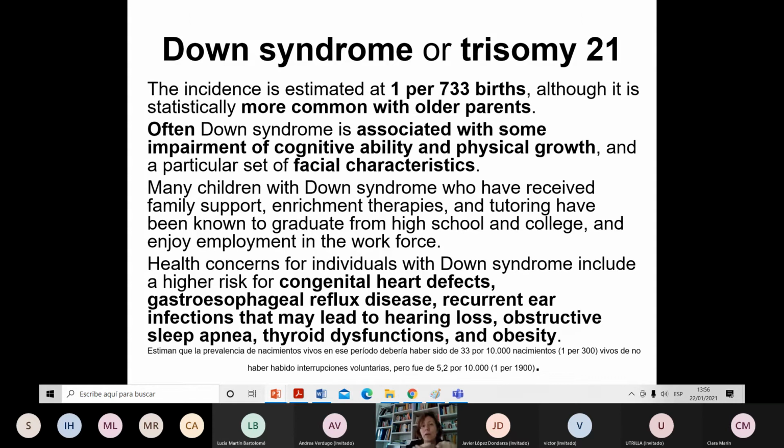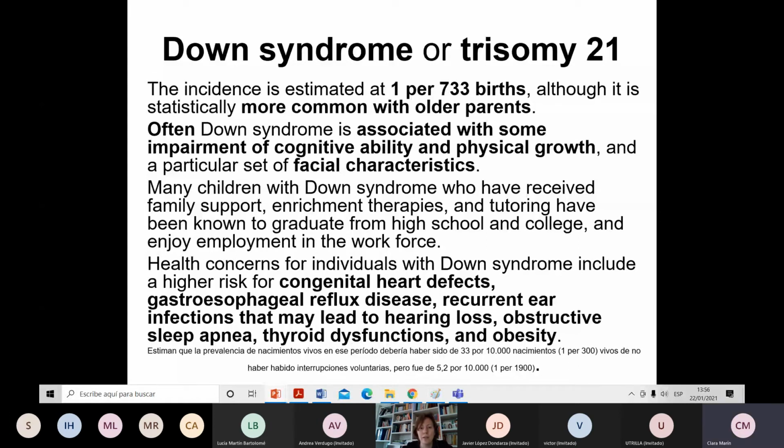Why do we have it 1 every 2,000 births now? Because we usually diagnose this Down syndrome, and you know that you can provoke the abortion of this fetus. So they don't let them be born, and then they are not going to be in the statistics. But it's not that we are able to remove the chromosome.